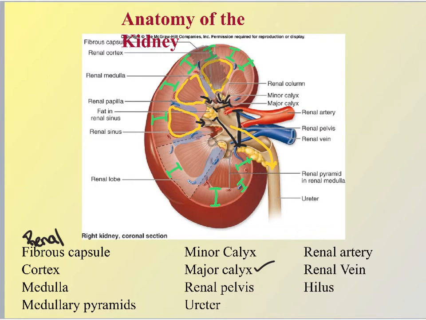Blood supply to the kidneys is provided by the renal artery, which is here, and that brings blood to the kidney that needs to be cleansed. So that renal artery, for lack of a better phrase, is carrying dirty blood to the kidneys that's going to be filtered by the kidneys.